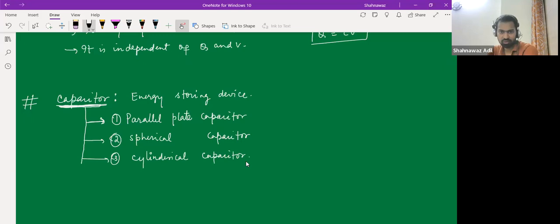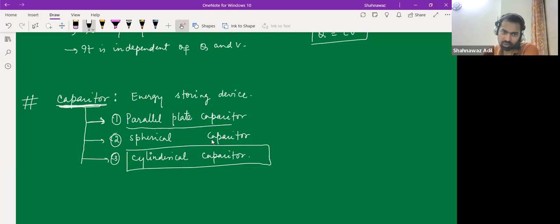Okay, so the cylindrical is not in the CBSE syllabus, so we will not talk about that. We'll talk about the parallel plate capacitor in detail.